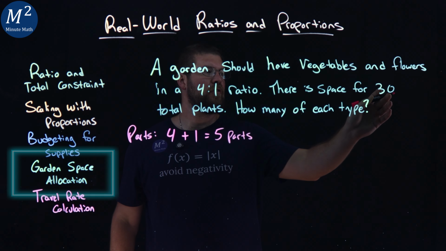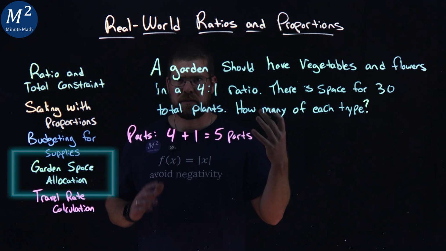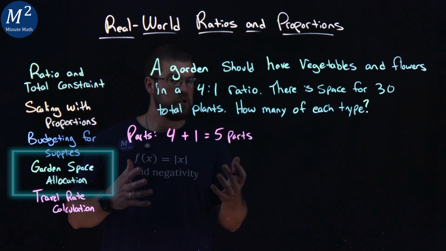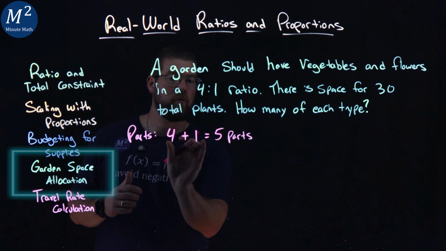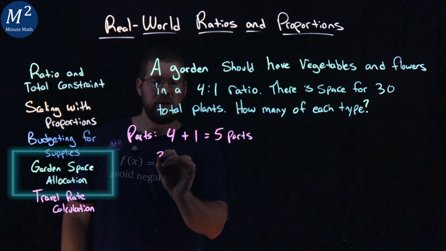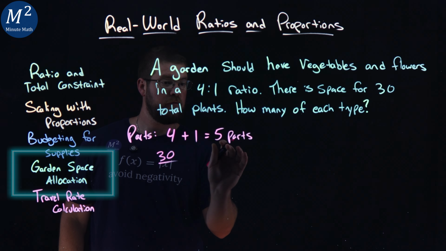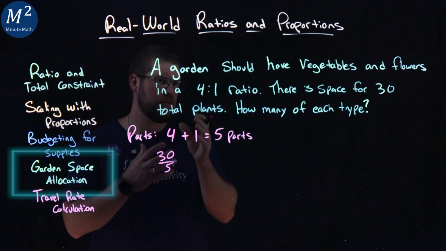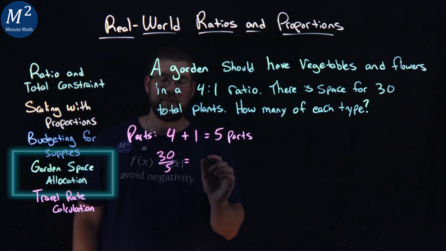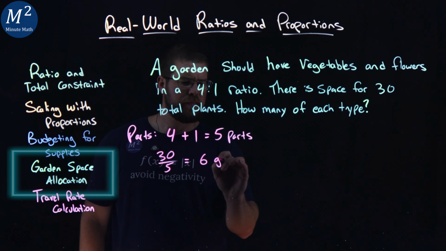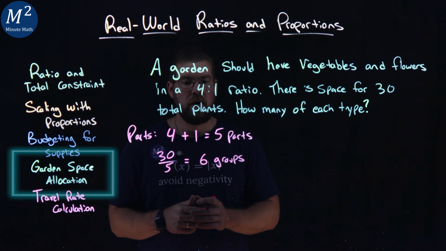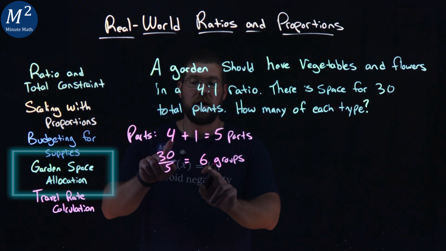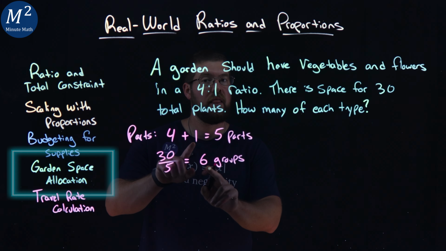Now there's space for 30 total plants. So we want to see how many groupings of 4 to 1 we can make. We take that 30 and divide it by 5 parts, and that comes out to be 6 groups. Now we multiply the 6 by the 4 and the 6 by the 1.